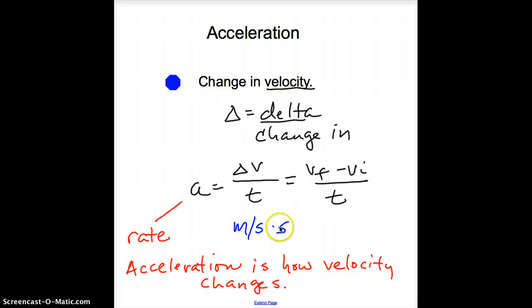That means every second your velocity is changing. But we're going to write it this way. It's going to look like this, meters per second squared. So when you see meters per second squared, that is our change in velocity or our acceleration.